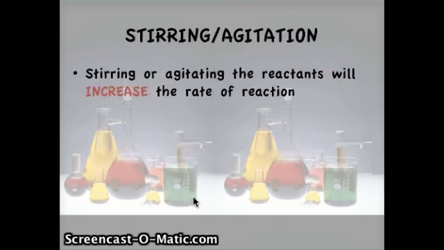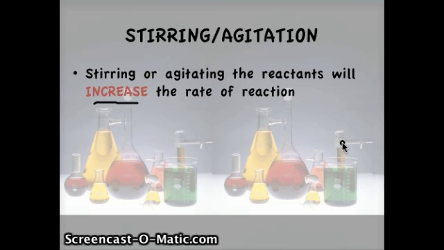The next one is stirring or agitation. Stirring or agitating reactants will increase the rate of reaction. So another increase. Make sure you write down that relationship. The best way to describe this is to think about a washing machine. If you dump a bunch of clothes with water and soap in a bin and just leave it sitting there without doing anything, the clothes aren't going to get very clean because not all the clothes are exposed to the soap.